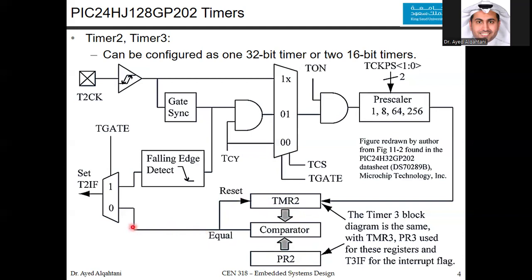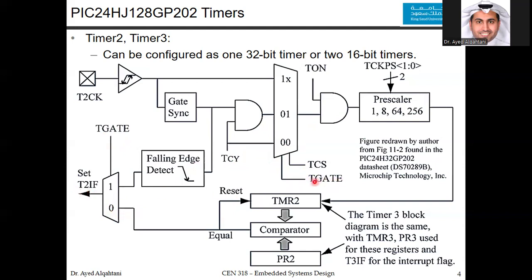And also you will generate an interrupt flag telling whatever system takes this output that the timer has expired and now it is counting again. Now, since we chose the T gate and the TCS to be 0, 0, this one will also be 0. So you will have this in the output.